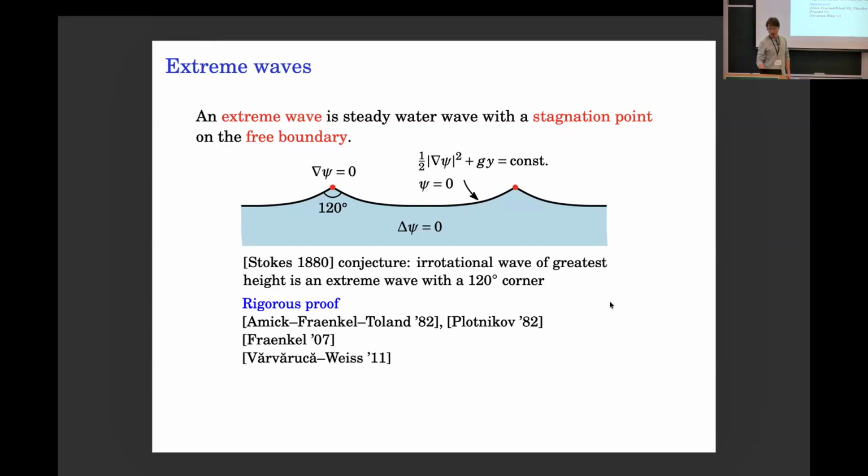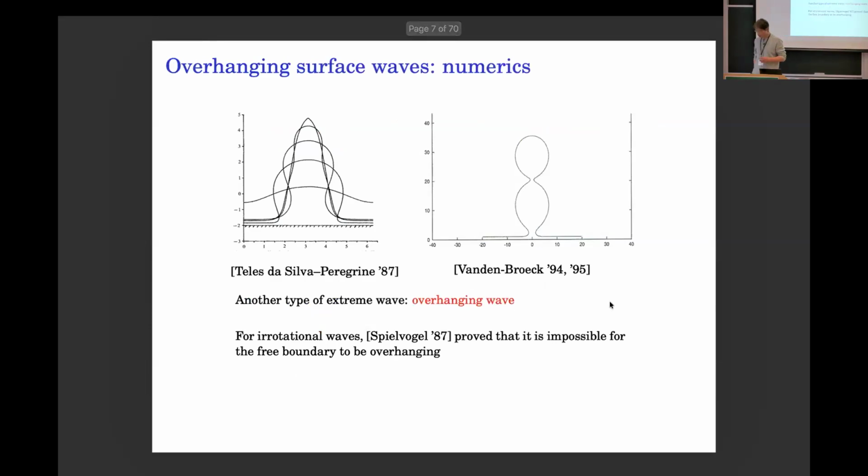Somehow in the numerics community, people found some more interesting extreme waves. These are both numerics, by Tanveer, Simmen and Saffman, and Vanden-Broeck in their calculation. Both of these calculations are when you have some non-trivial vorticity, in particular constant vorticity.